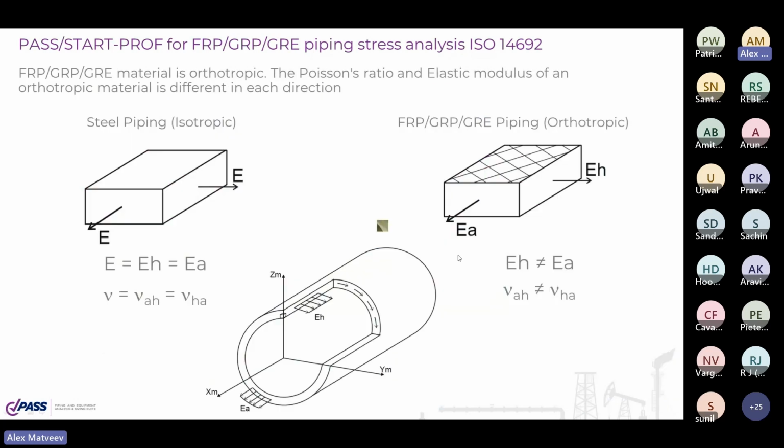And the main feature is that the properties of this material are non-isotropic, it's orthotropic. So we have two elastic moduli in different directions. We have axial elastic modulus and hoop elastic modulus. And also we have two Poisson ratios, axial and hoop Poisson ratio.